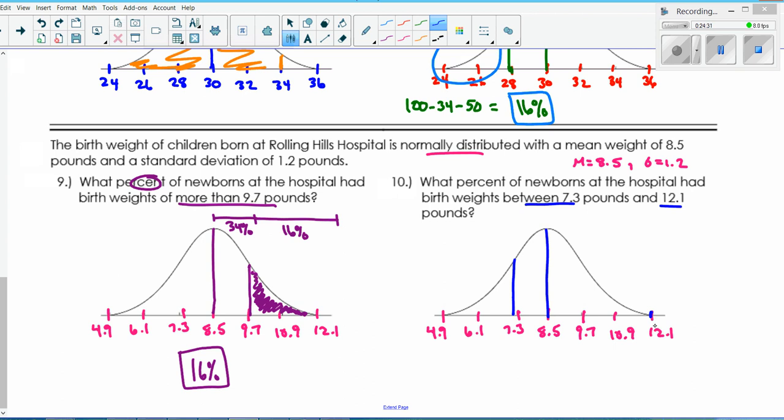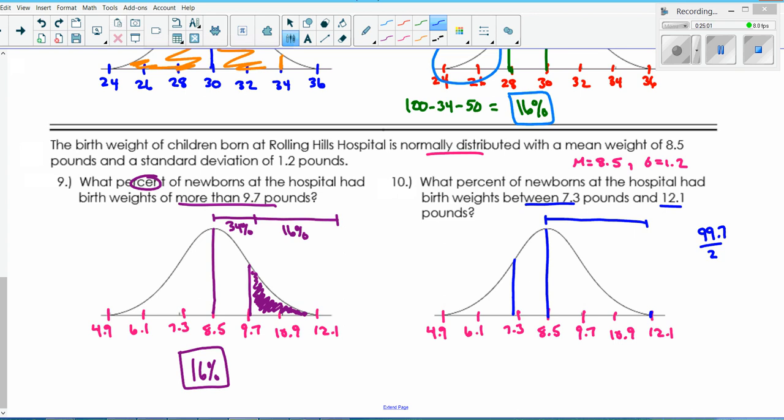Now, if this didn't say 12.1, but said like 14 or something, then it would be going all the way to the edge, and that would be 50% of my data. However, it's not going all the way to the edge, it's going to here. So this means it's 3 standard deviations over. If you remember from the front side, 3 standard deviations to the right and left represented 99.7% of my data, so if I cut this in half, that's what is being represented.